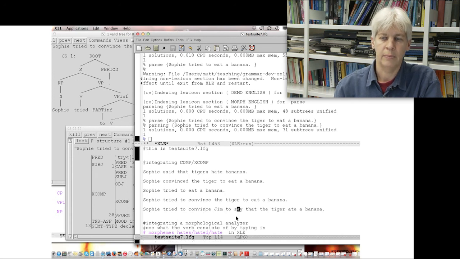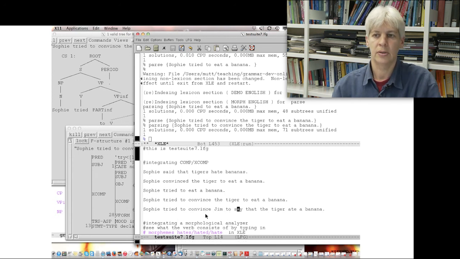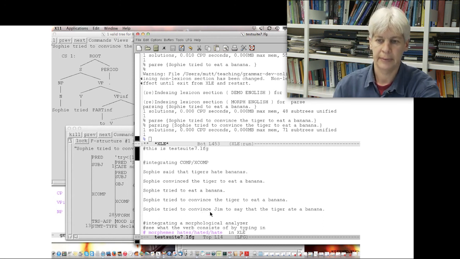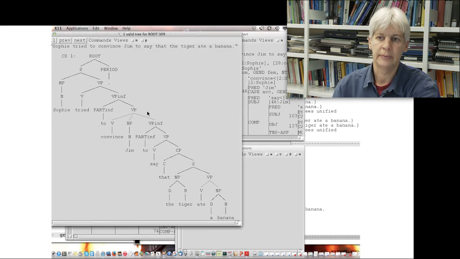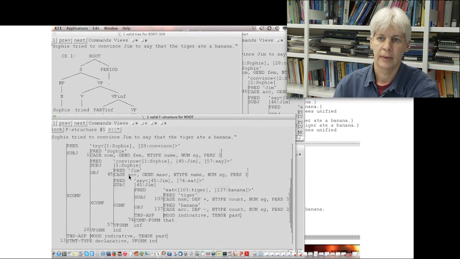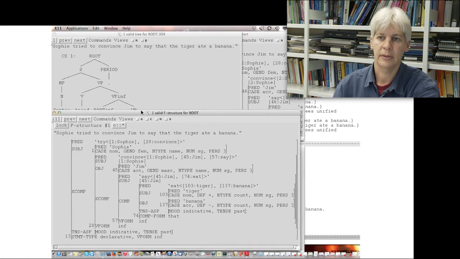Try to embed a COMP underneath that. Sophie tried to convince Jim to say that the tiger ate a banana. And again, without further ado, we've got this. Okay, we've got a VP_inf embedding a VP_inf embedding a CP, and that has a sentence in it. And here's the F structure for it.